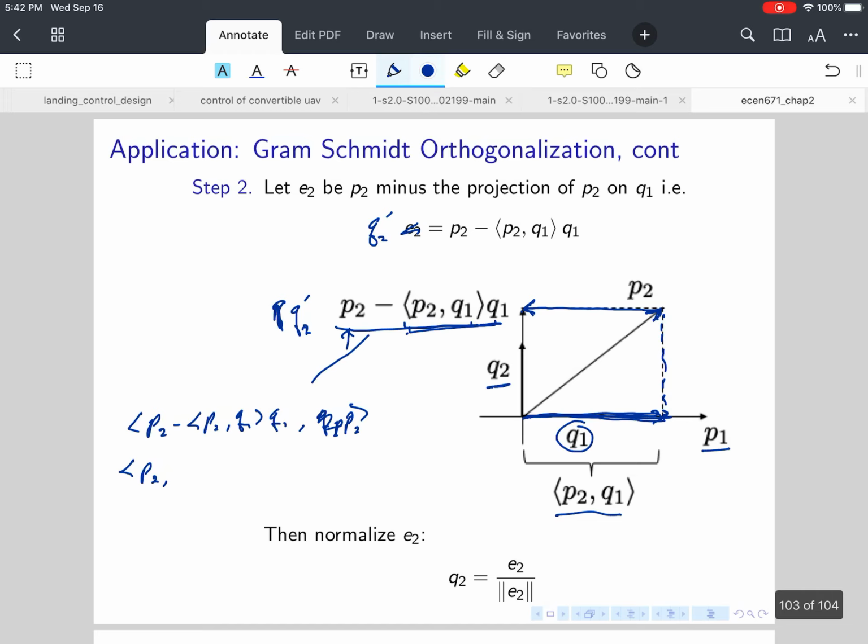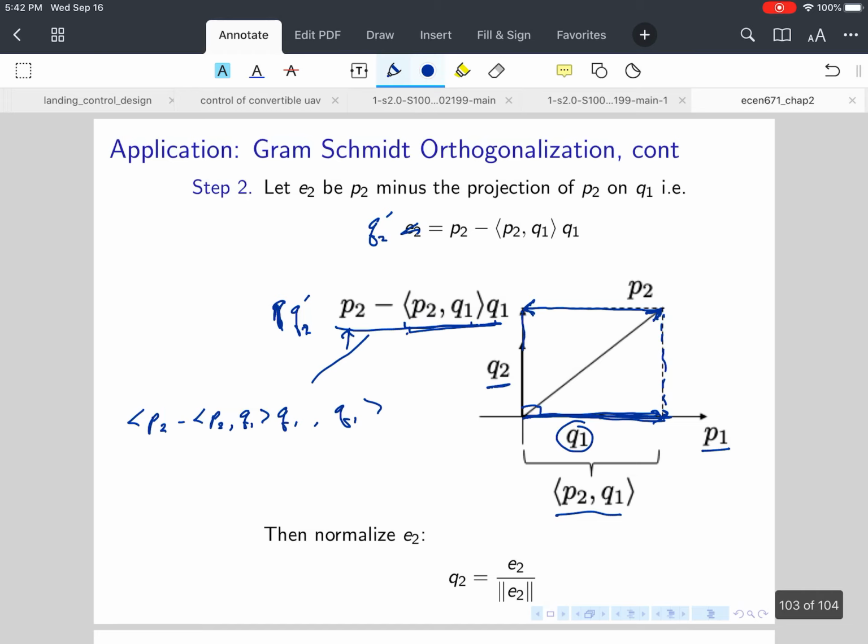I want to show that this vector here is in fact orthogonal to Q1.